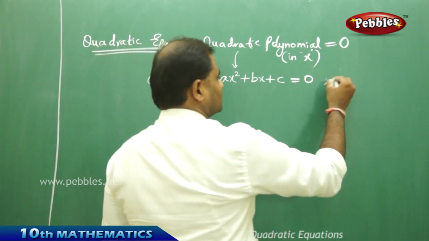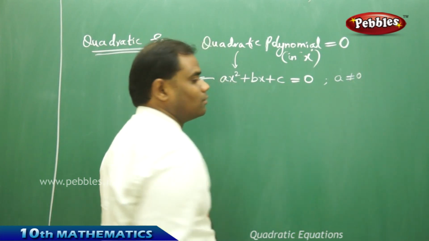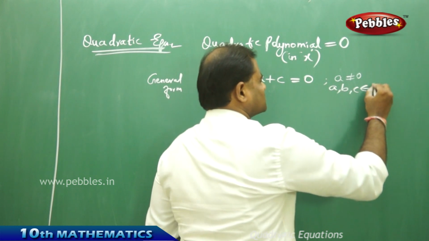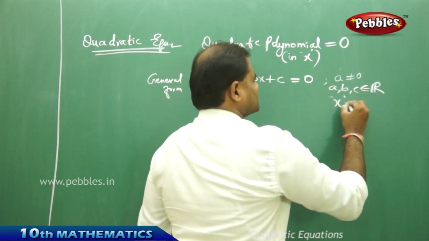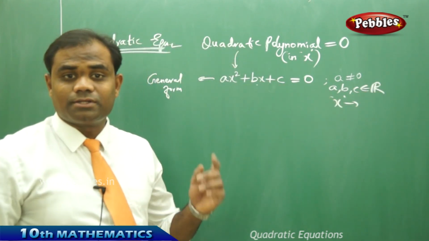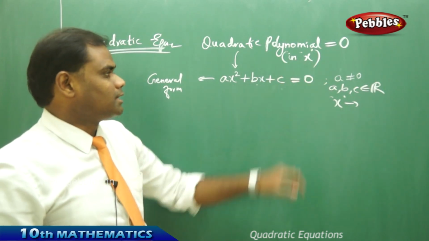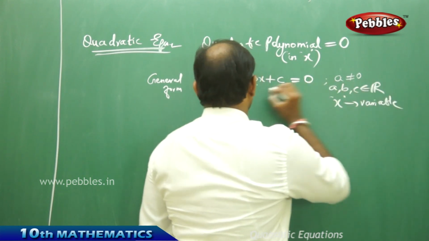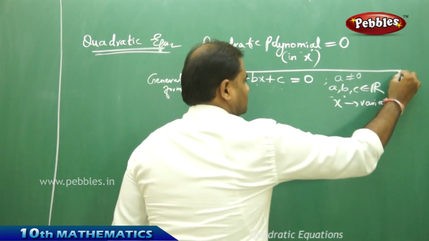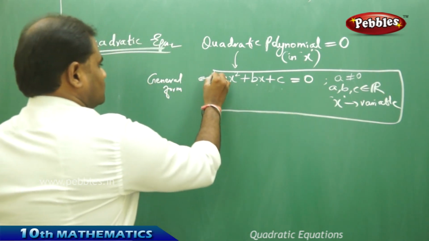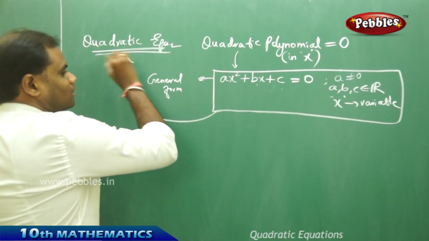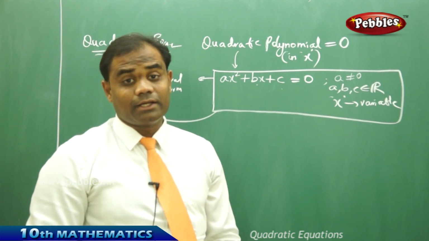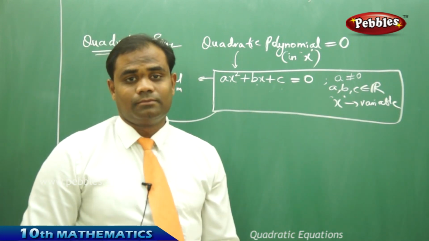The condition here is that a is not equal to 0 and each of a, b, c are real numbers, and here x is the unknown, which is the variable. This is how I define the quadratic equation in x. This is the basic definition of a quadratic equation in general form.